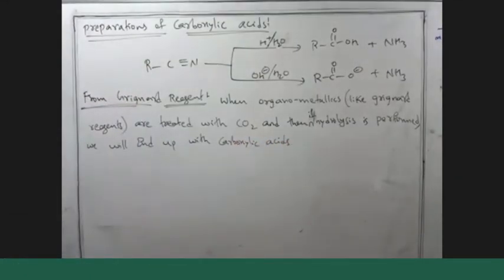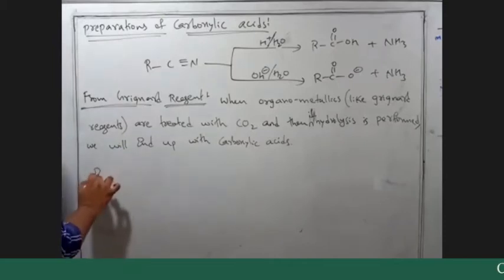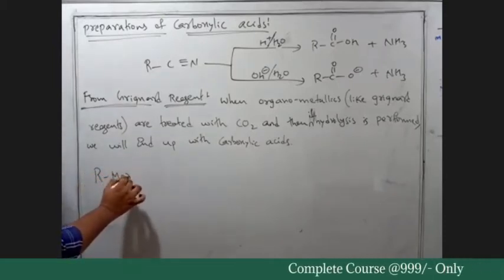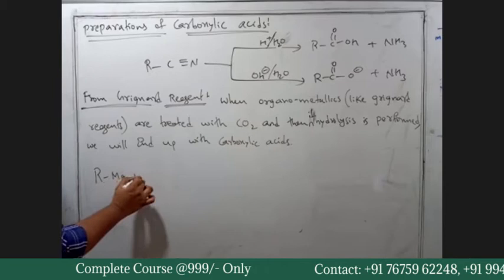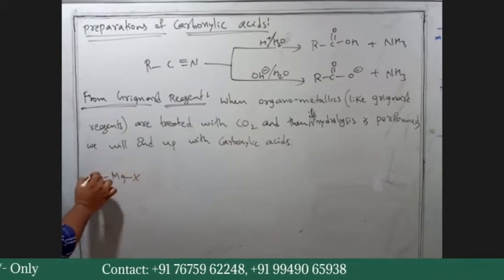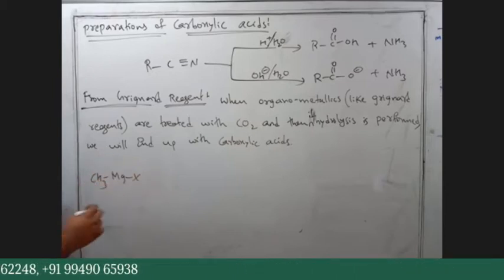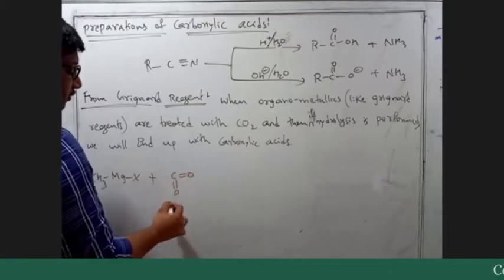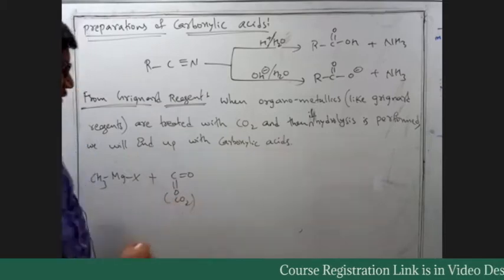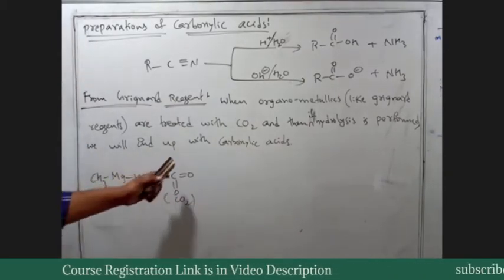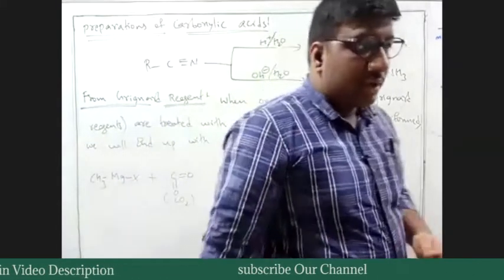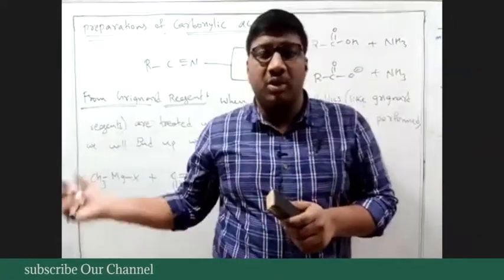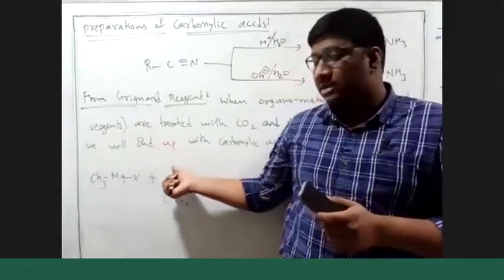So let us check the reaction mechanism. Grignard reagent is RMgX. What is R? Let us say CH3. CH3MgX, we are treating with O=C=O, carbon dioxide. So we have two double bonded oxygens attached to the carbon.